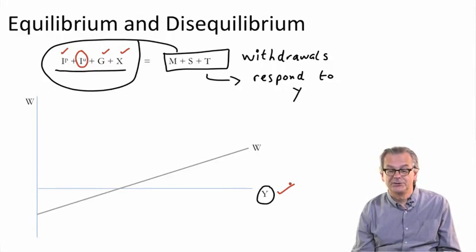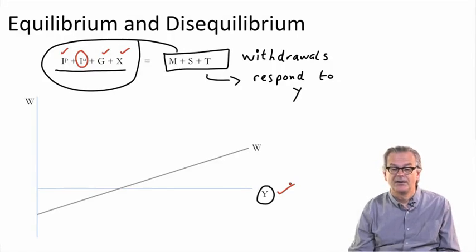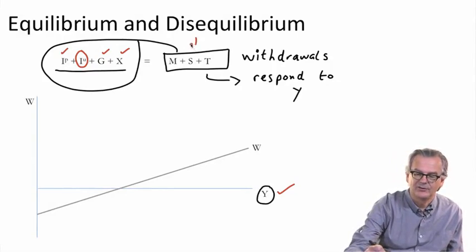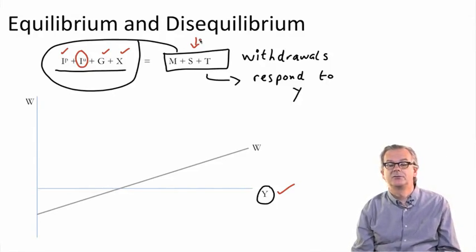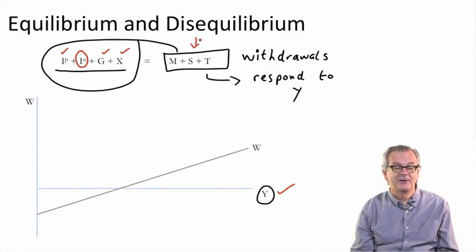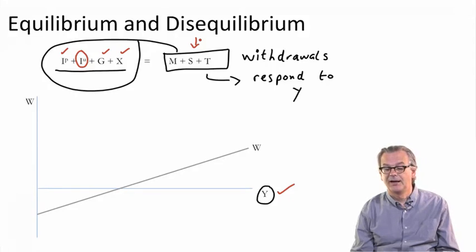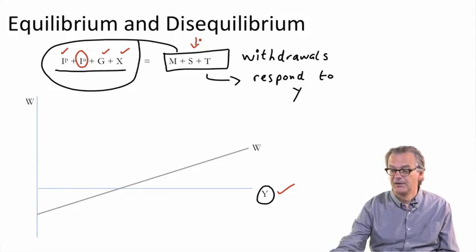So the withdrawal schedule, and it's probably easiest to think about it in terms of this right-hand side, the withdrawal schedule shows us a systematic relationship between imports, saving, taxation, collectively, and income. Now, why is that useful for us?